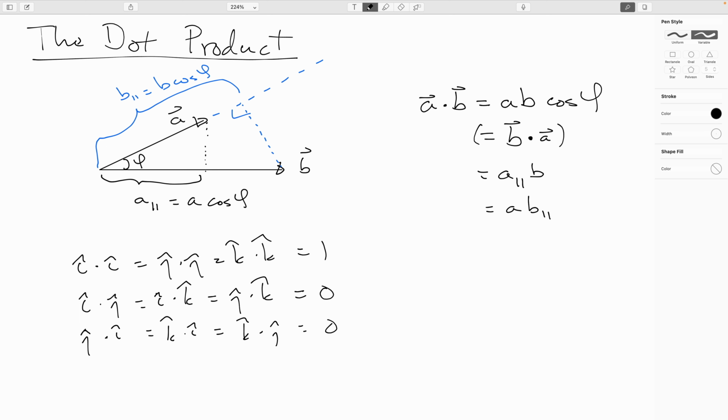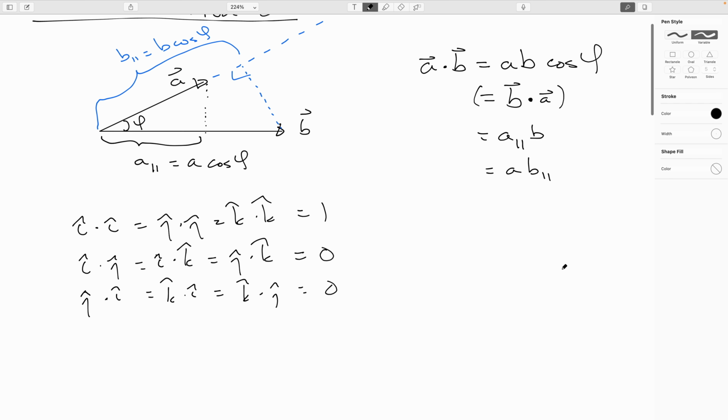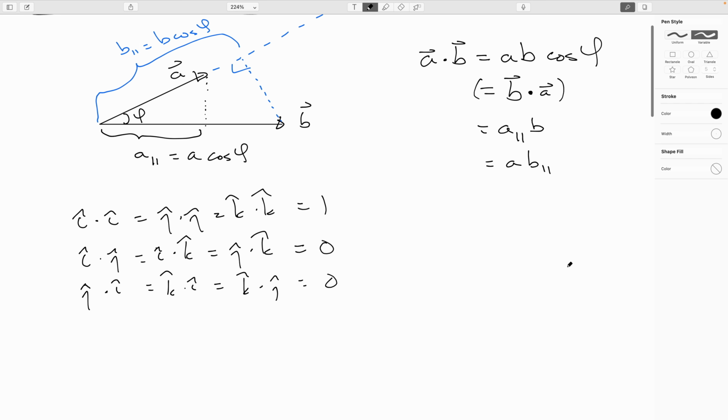So this gives us another way that we can find the dot product of 2 vectors, if we have a component representation of them.